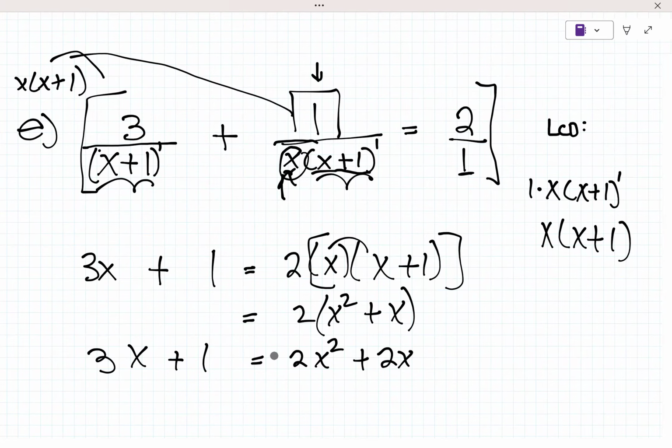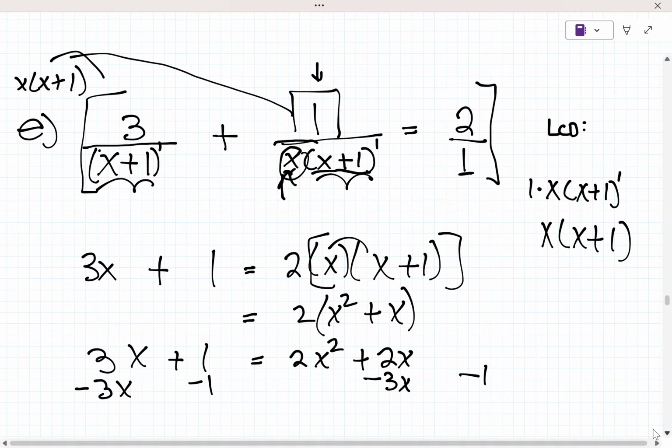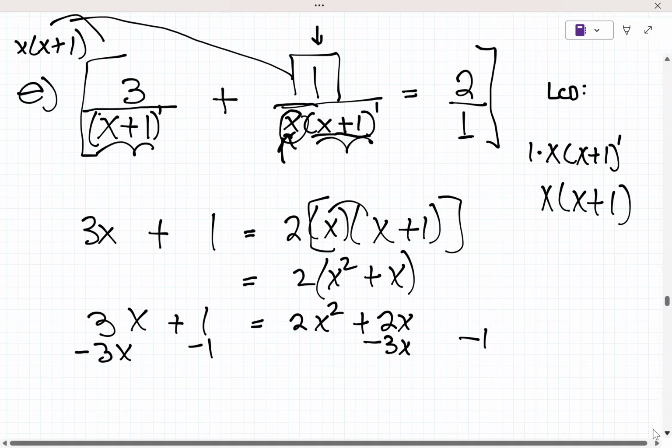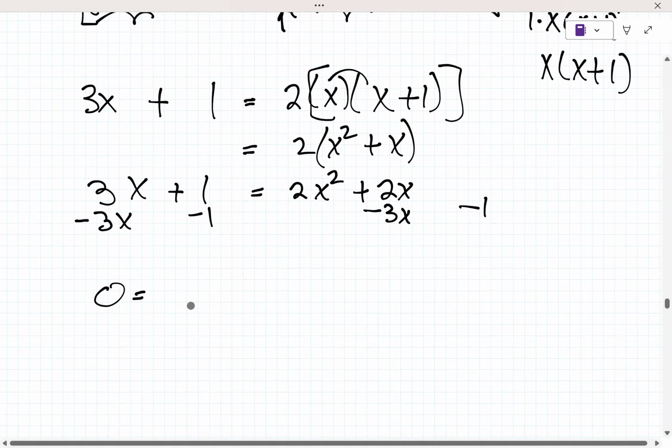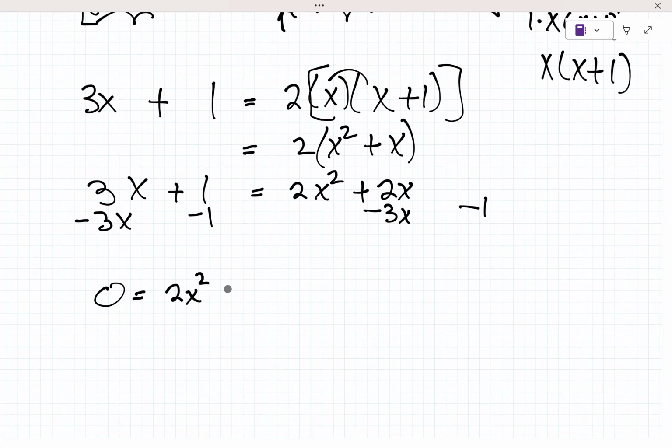I don't want that negative, right? So go ahead and subtract 3x, subtract 1. So you get 0 equals 2x squared, 2x minus 3x is negative 1x, minus 1.